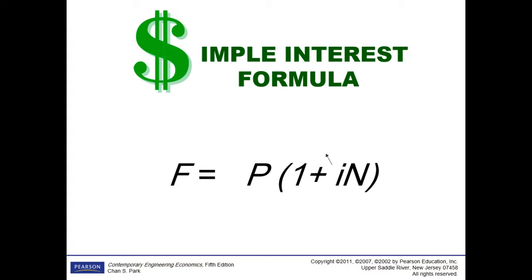What is the amount of F or P, or what is given and what is not given? P is 13,000.